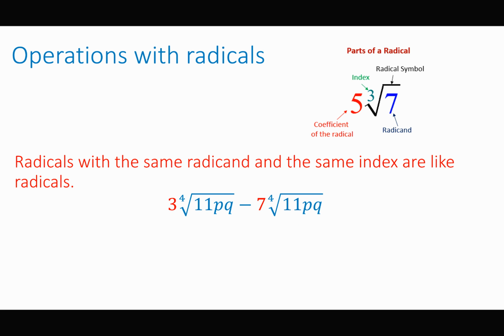Okay, so like this one. 3 times the 4th root of 11pq minus 7 times the 4th root of 11pq. I could simplify that to be -4 times the 4th root of 11pq.